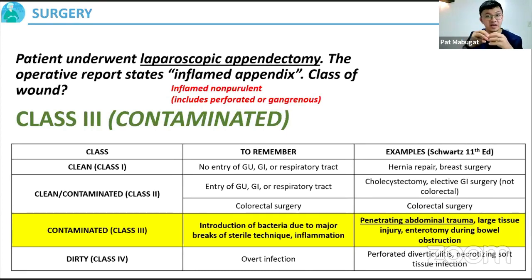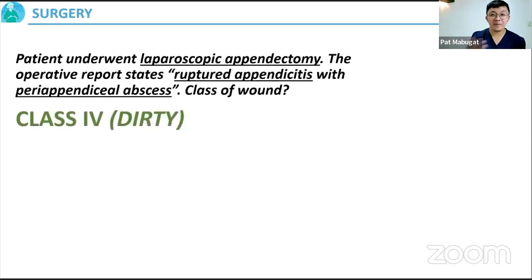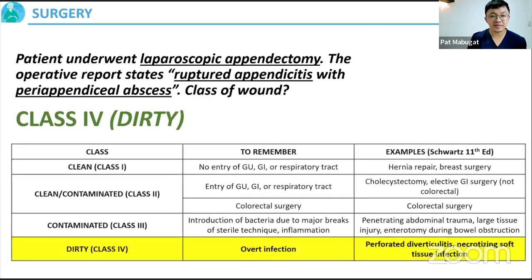However, if there's pus or there's abscess, that's where we go into class 4 or dirty. So LAP AP with periappendiceal abscess is class 4 or dirty. Just to emphasize: class 1, there's no entry; class 2, there's entry; class 3, it's inflamed but non-purulent; class 4, it's purulent or with abscess. So easy to remember, right?